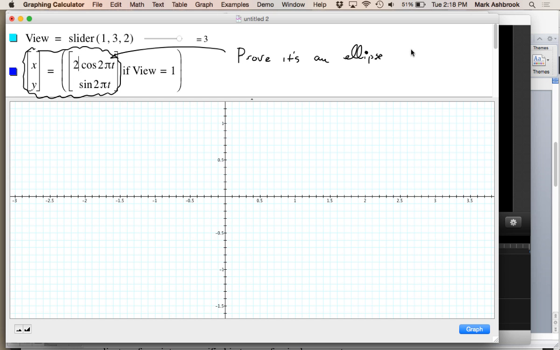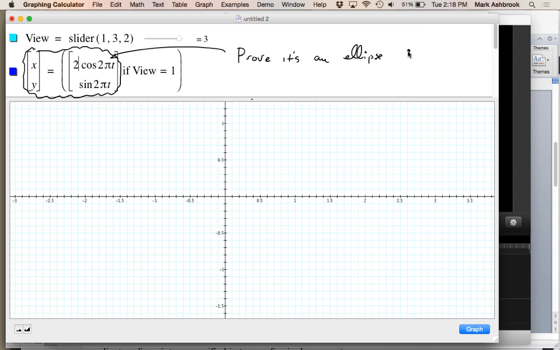So for an ellipse, do we have an equidistant property here? Yeah, from two foci. But we need every single point in the whole set of points to be an ellipse. Right, so the rule for the ellipse.